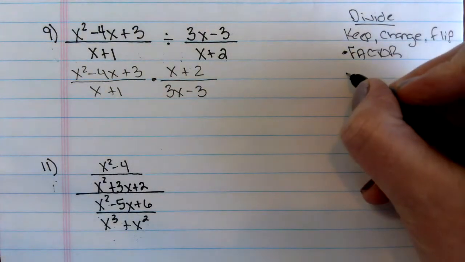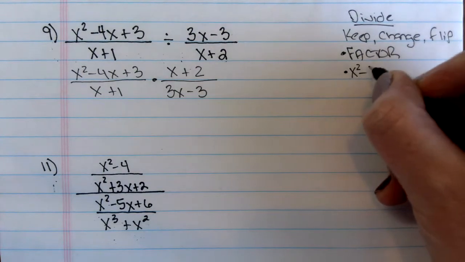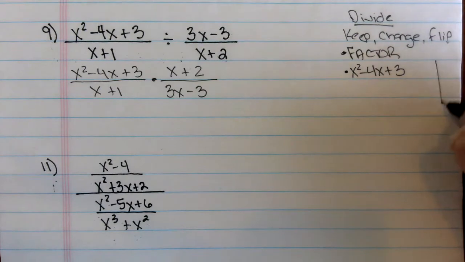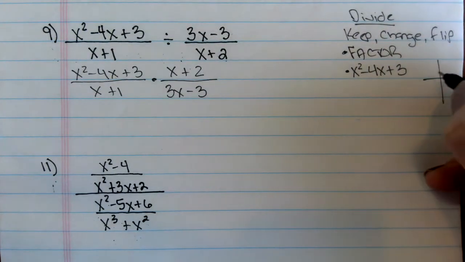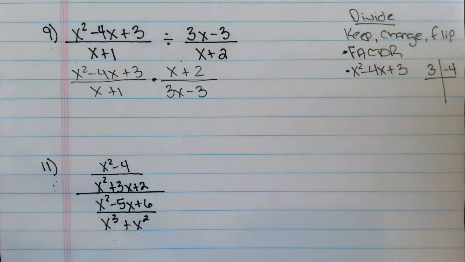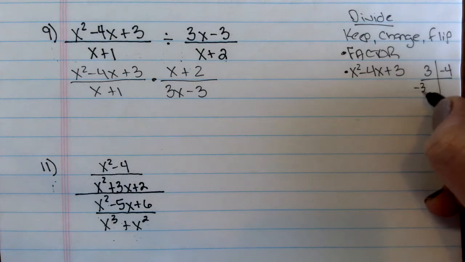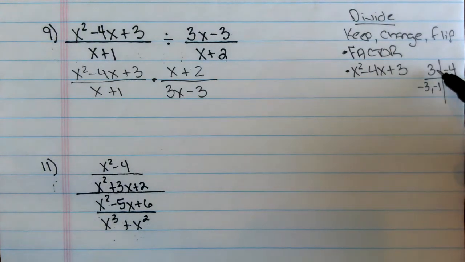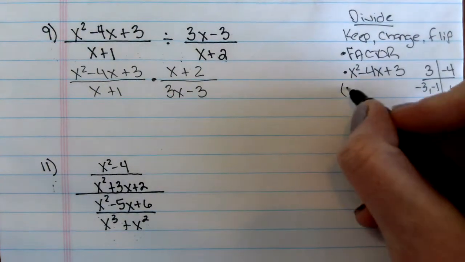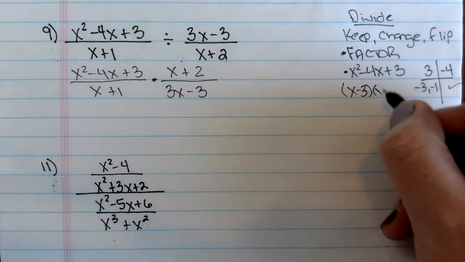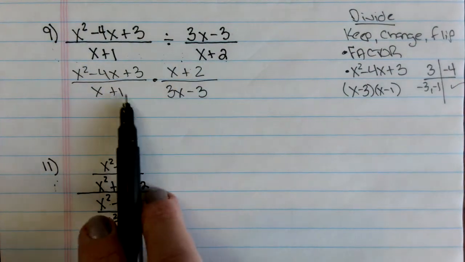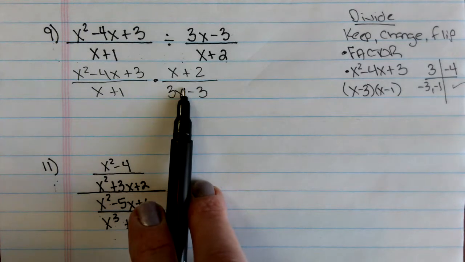So the first thing that I'm going to factor is this x squared minus 4x plus 3. So when I make my ACB chart, I need factors of 3 that add to negative 4. Negative 3 times negative 1 equals positive 3, and that's what adds up to negative 4. X minus 3, x minus 1. X plus 2, nothing. X plus 1, nothing.